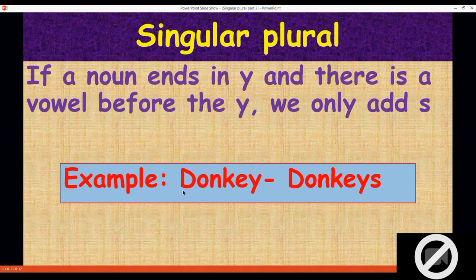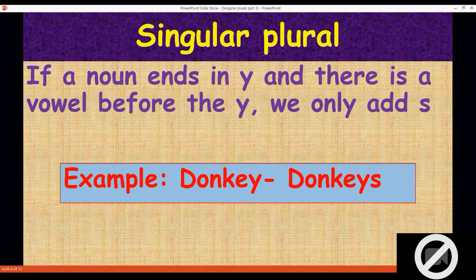And if you find a word with the last letter Y and a vowel before Y, what would you do? How to make it a plural? I will add S. Very good. Thank you, Pragati. Yes, so simple. Just add S.